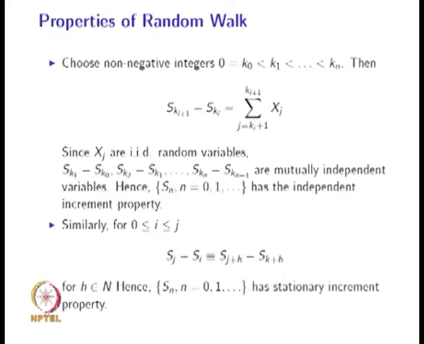Therefore, non-overlapping increments will be mutually independent random variables. Hence, Sn has the property called the independent increment property. The increments are independent.